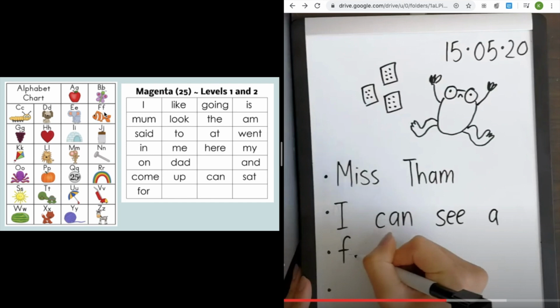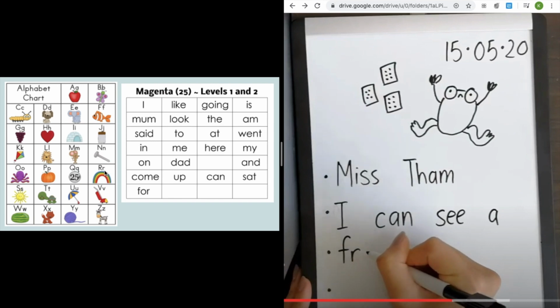F, r, o, g. So the second sound is r. That one's a little bit hard. Let's have a look at the chart. Okay, lion? No. Turtle? No. Zebra? No. Rainbow? Yeah, so it might be an R, so I'm going to write the small r.